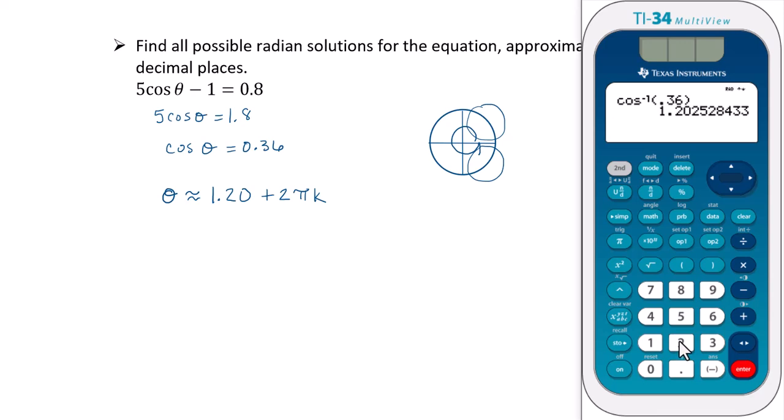So I'm going to have in the calculator 2 pi and subtract off the 1.20 radians. So we have about 5.08 radians. So theta is approximately 5.08, and capturing all possible solutions, we add 2 pi k, where k is an element of the integers.